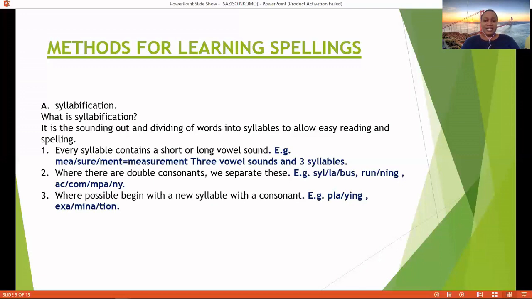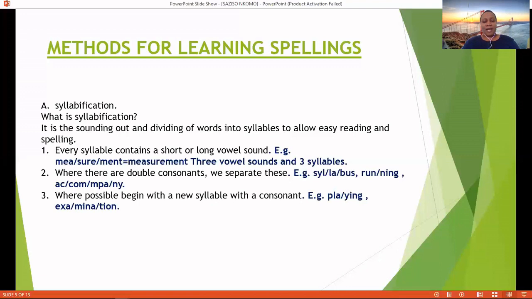We can see there is a double consonant of the letter L. So we will separate those: syl, and then the other la comes in another syllable. So remember to separate the double consonants.